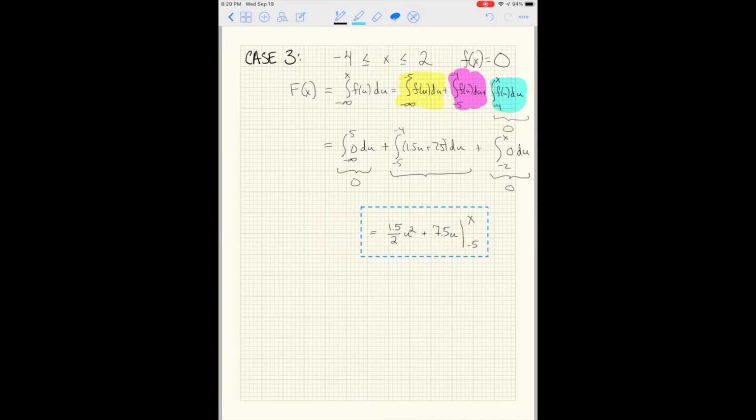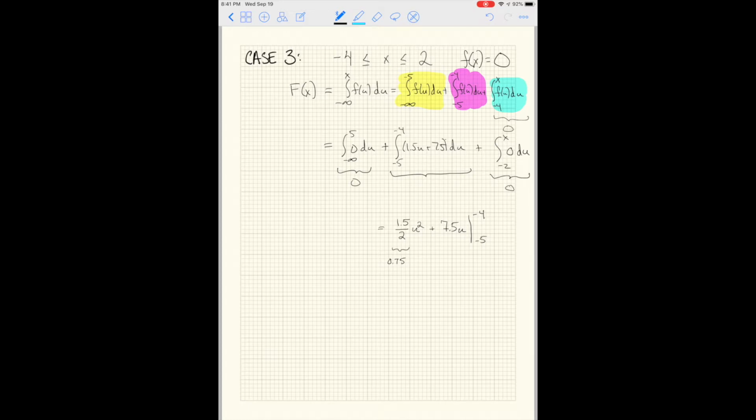All right, so that is going to be equal to this thing, but the upper bound isn't going to be x anymore. It is going to be negative 4. Let's just remember that 1.5 divided by 2 is 0.75, as a quick reminder.